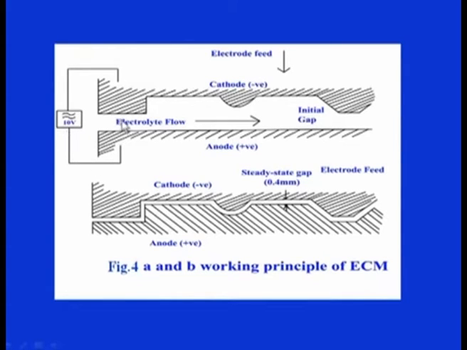In between, the electrolyte is kept flowing as we have already indicated, leaving a gap between the workpiece and the tool, that is, the anode and the cathode. And the tool can have different shapes as per the requirement.